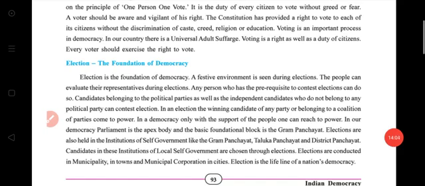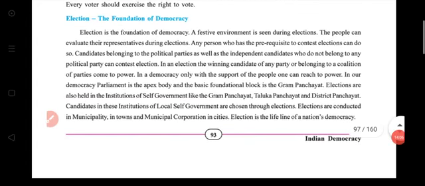Election, the foundation of democracy. Election is the foundation of democracy. A festive environment is seen during election. That means at the time of election, we see a festival-like environment, right? The people can evaluate the representative during election.